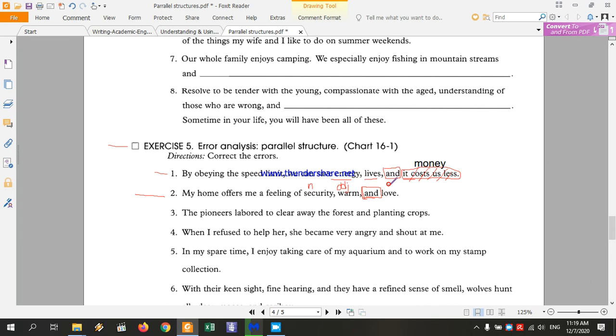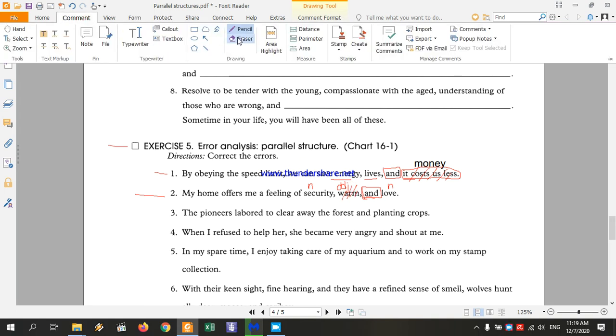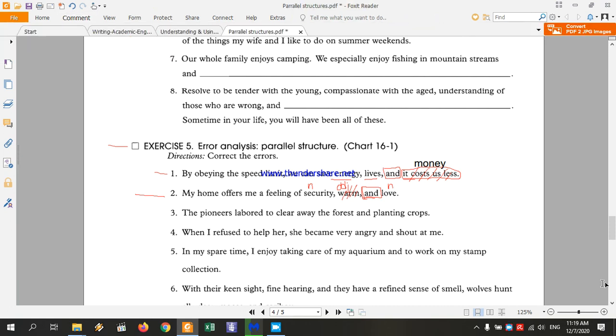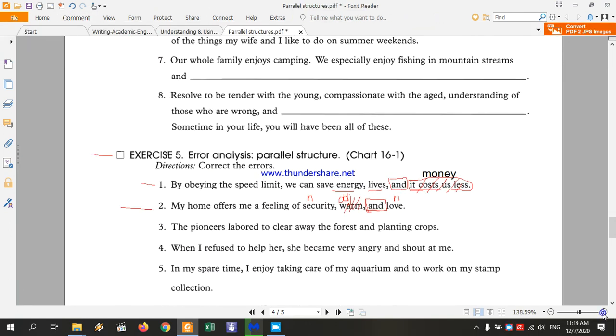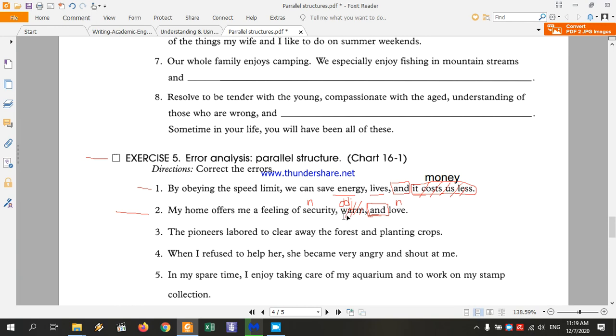And we have love, which is a noun. So here we don't have a parallel structure. So we need to remove warm, which is an adjective, and write the noun, warmth.